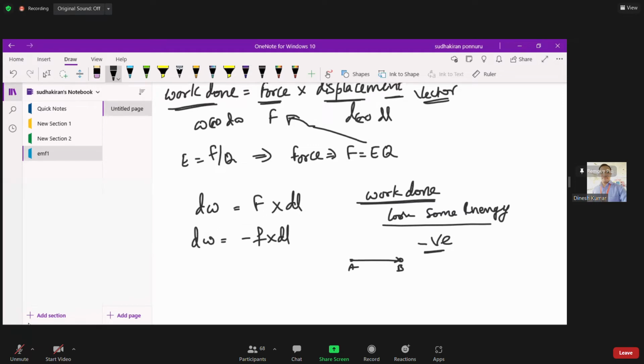So finally, in place of F, what is the equation? F is equal to E into Q. Therefore, dW is equal to minus EQ into dl. Now we are going to integrate on both sides.